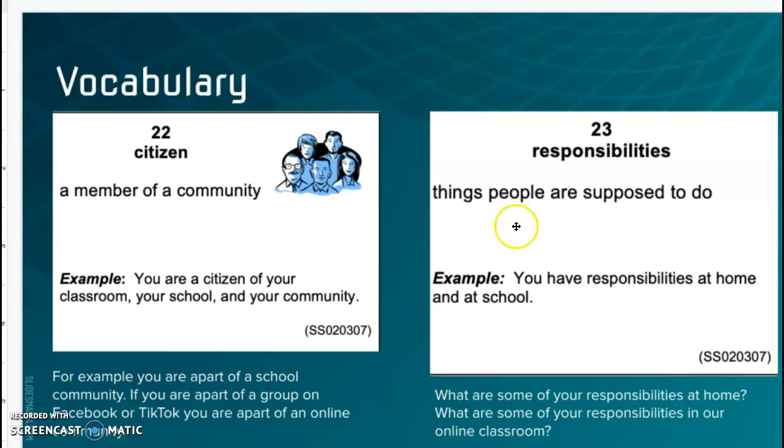So let's look at responsibility. I want you to take a minute to think about, what are some of your responsibilities at home? What are some things that you are supposed to do? Now, what are some responsibilities that you have in our classroom?